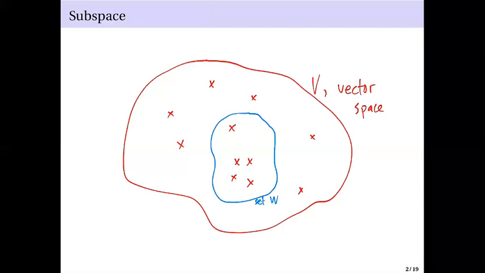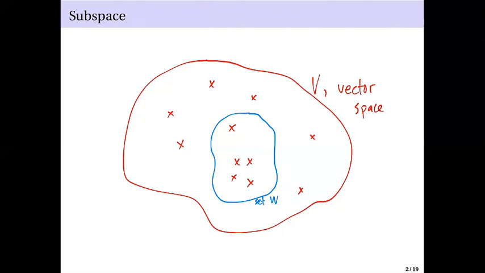Then suppose this set inherits the operations of the vector space, meaning you also define the addition and scalar multiplication in the set W. If that set W is also a vector space with the addition and scalar multiplication attached to it, then we say that W is a subspace of the vector space V.